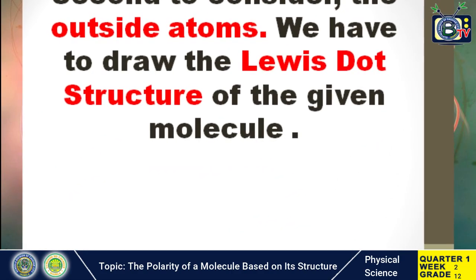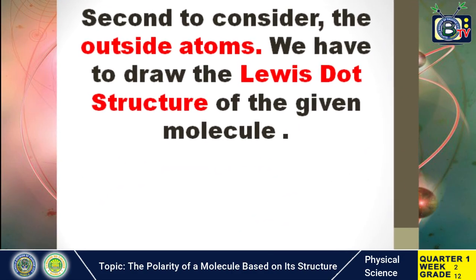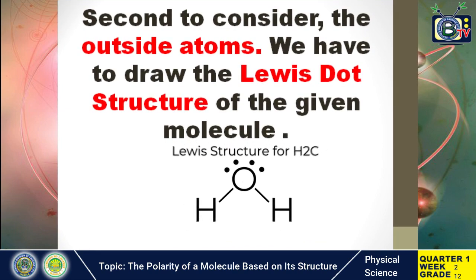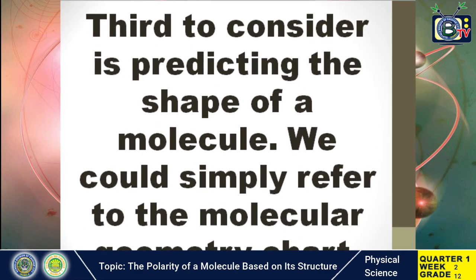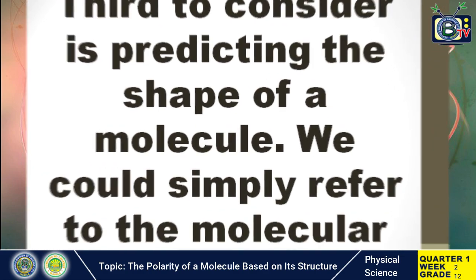Second, to consider the outside atoms, we have to draw the Lewis dot structure of the given molecule. Third, to consider is predicting the shape of a molecule. We could simply refer to the molecular geometry chart.